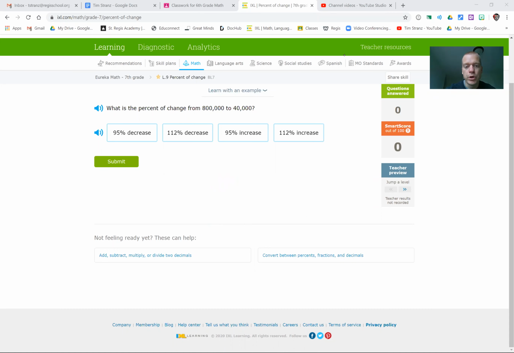So you're going to do your change, which is 760,000, over the original amount. This right here is your original amount, the first number, so over 800,000. You can do this part on the calculator. 760,000 divided by 800,000, you get 0.95.